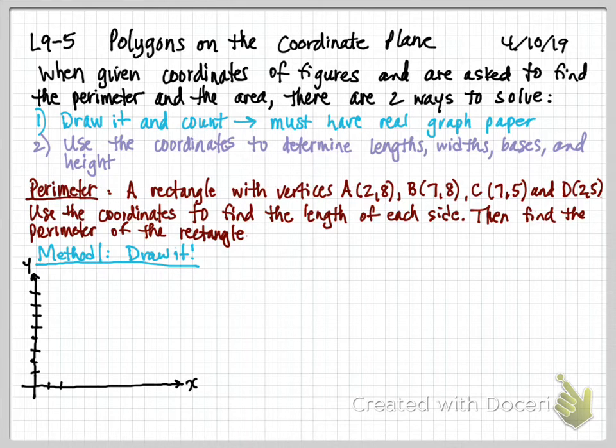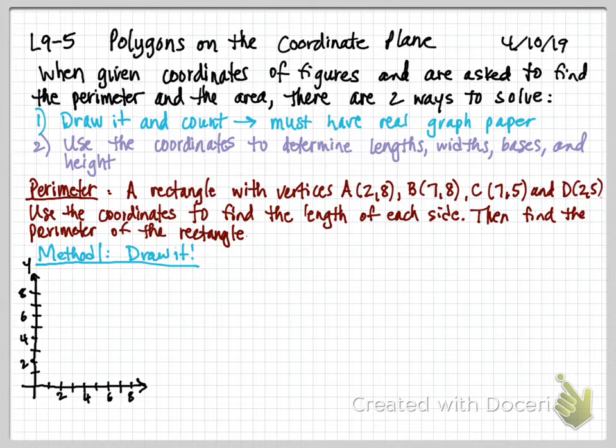And then 1, 2, 3, 4, 5, 6, 7, 8. Let's shorten that a little bit, shall we? Okay, and then we'll write every other number. 2, 4, 6, 8, and then I'm going to start graphing.